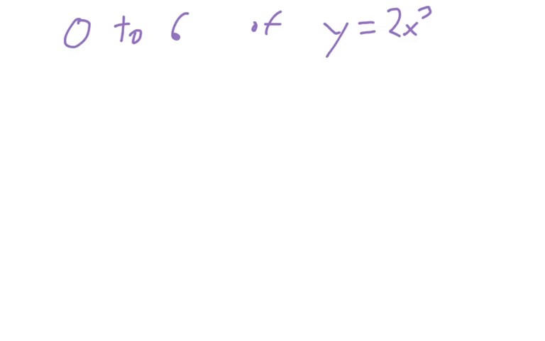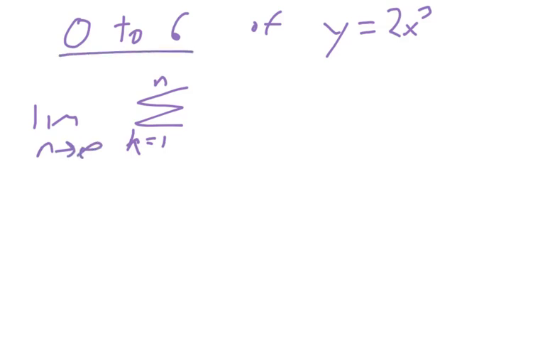So let's see what changes when we go from 0 to 6. We're going to still have k going from 1 to n, limit as n goes to infinity, so that we'll have infinitely many.